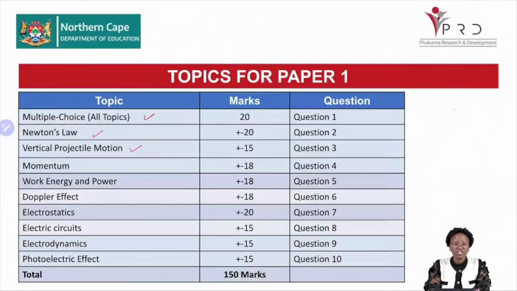We also have question 3, which is your vertical projectile motion. We have momentum, work, energy and power, Doppler effect, electrostatics, electric circuits, electrodynamics, as well as the last one, which is the photoelectric effect. So it is very important to know which topics and how many marks each topic will have.